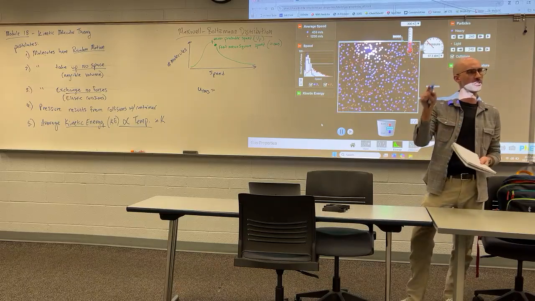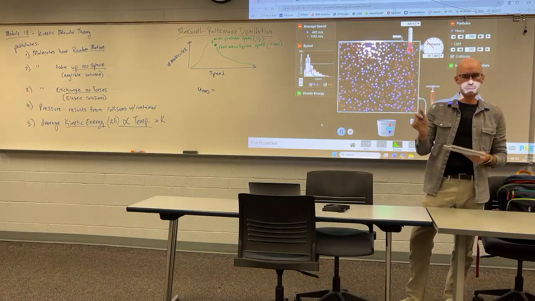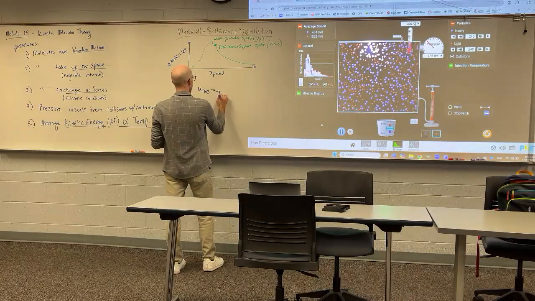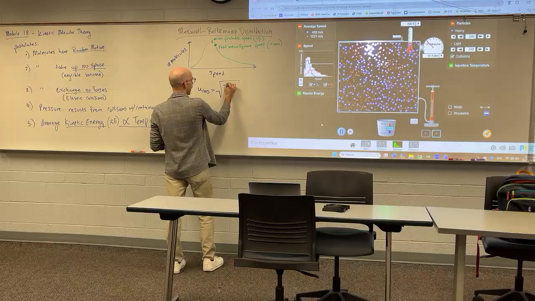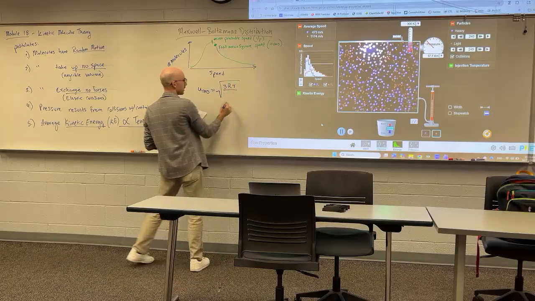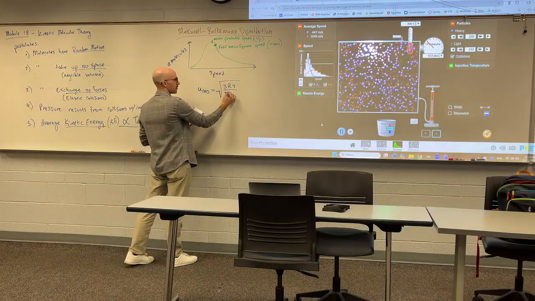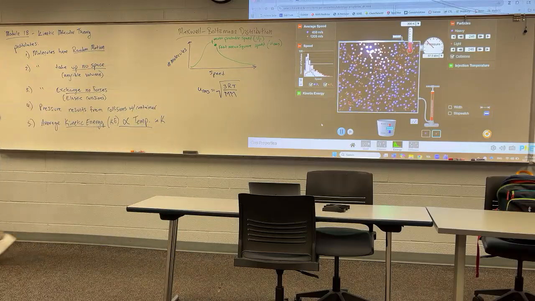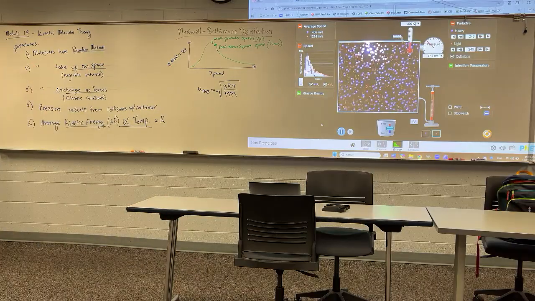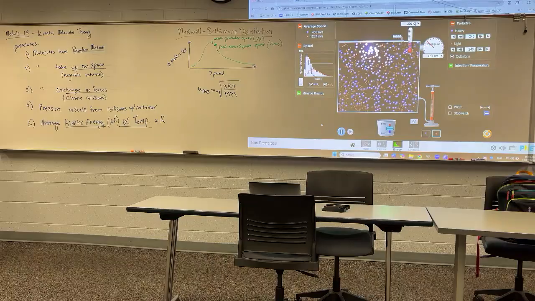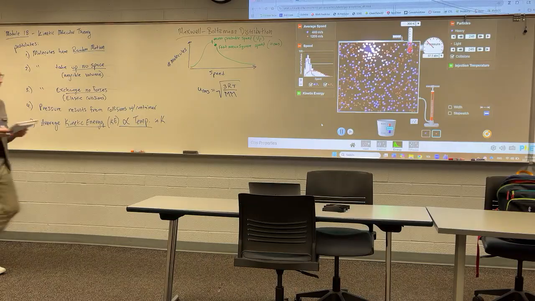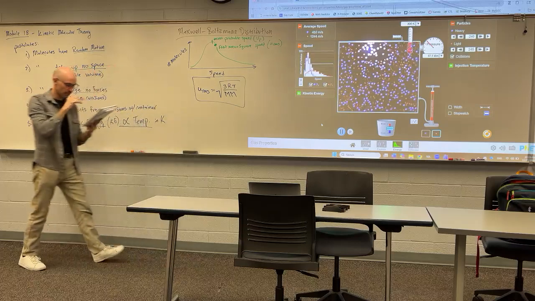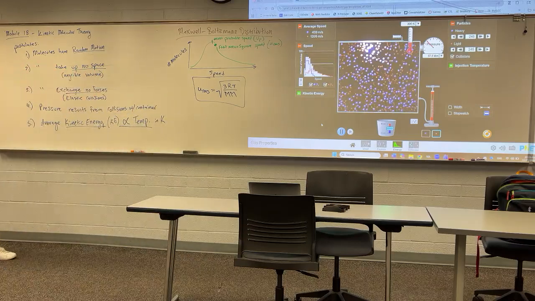The root mean square speed is equal to the square root of 3 times the gas constant times temperature divided by the molar mass. What a random equation. But it does tell us something.